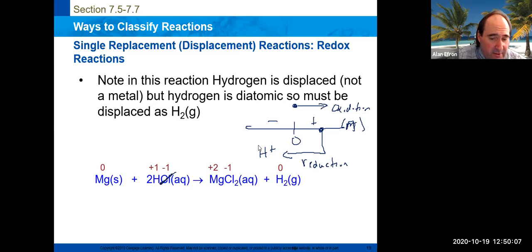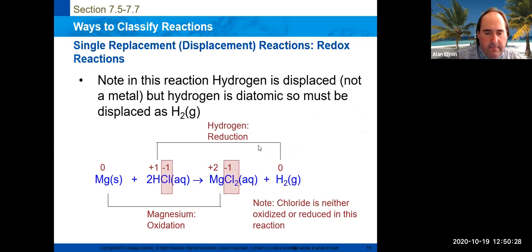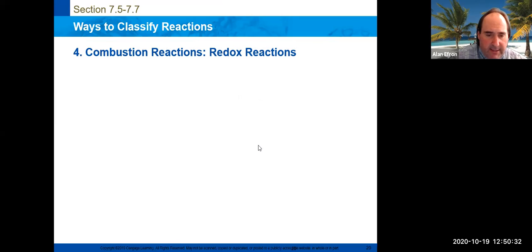In this case, the chlorine, nothing's happening with it, really just a spectator ion, no oxidation or reduction happening. It's just those two things, the magnesium and the hydrogen, that are going through oxidation and reduction. All right, any questions on any of that so far?